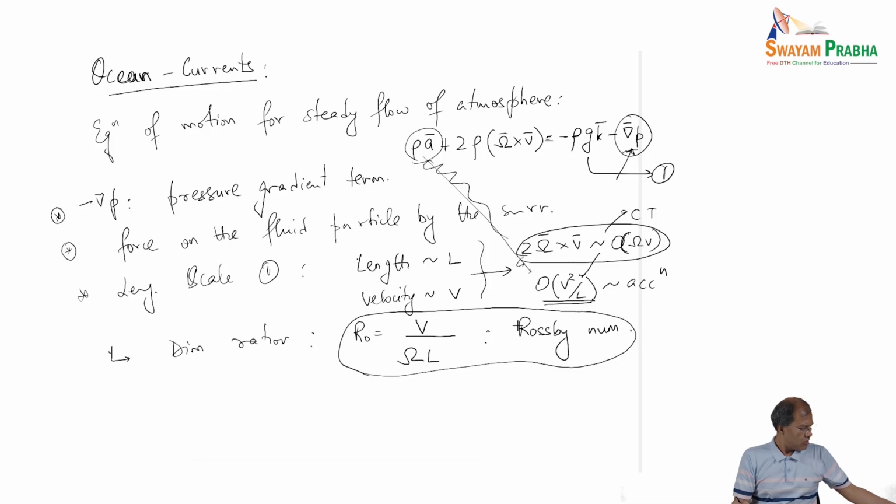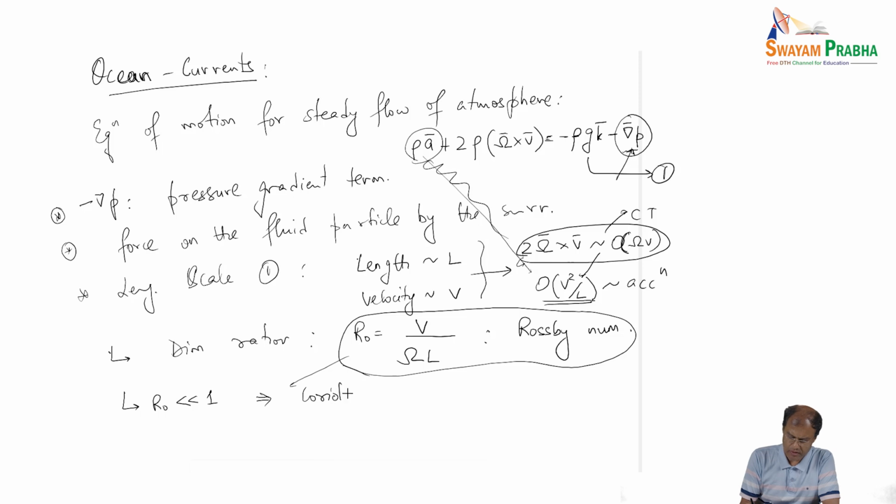Okay, so then what we have is, suppose this quantity, the Rossby number, is much less than 1. Then the Coriolis acceleration is going to dominate the real acceleration.